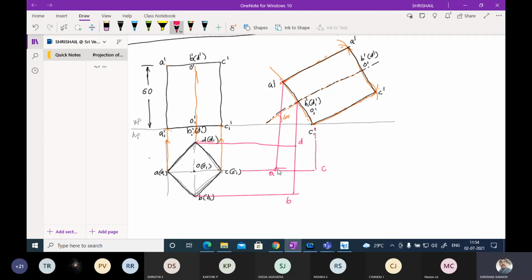How I am doing, please do it. By thin line, join it A to B, B to C, C to D, D to A, join it. Then after this, once again, you extend from A.